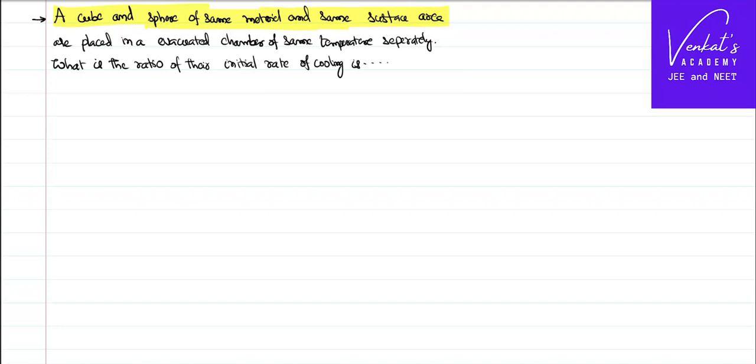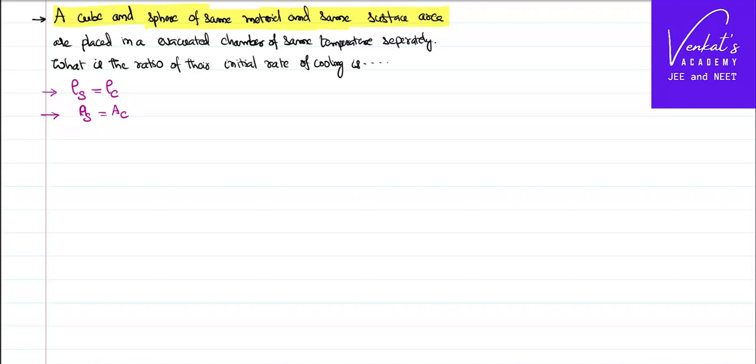They are made up of the same material, that means density of the sphere equals density of the cube, and the surface areas are equal, that means surface area of the sphere equals surface area of the cube.